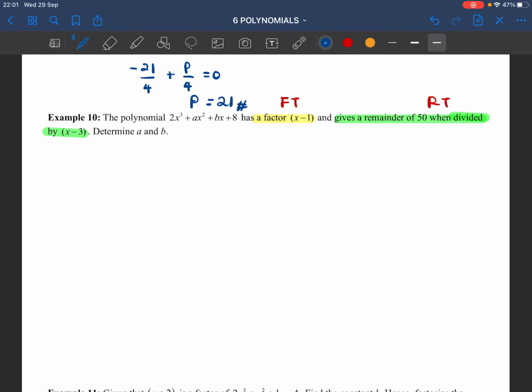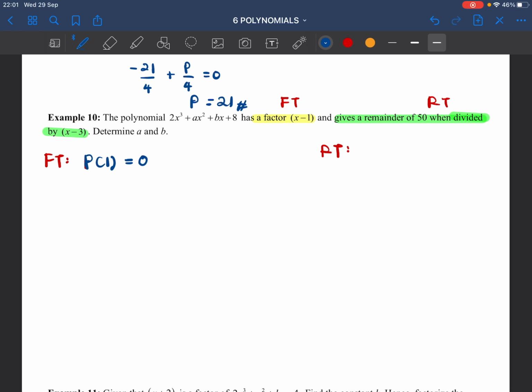Okay, now let's put our theorems together. So by using our factor theorem, this is our factor x minus 1, which is our root, there is 1. You should get P of 1 equals to, for factor theorem, 0. Okay, and then for our remainder theorem, we have our divisor x minus 3.